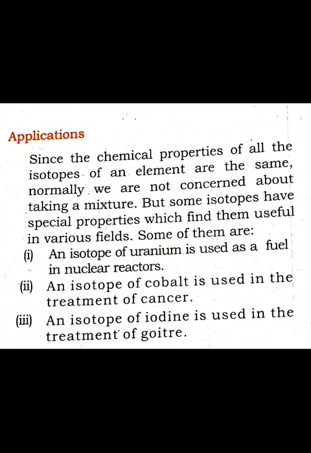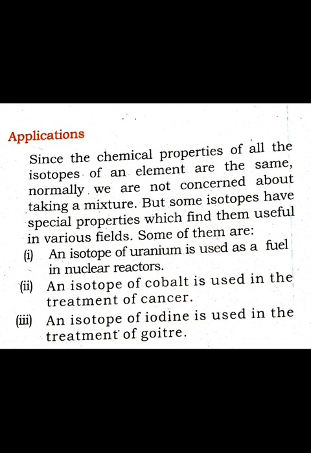Since the chemical properties of all the isotopes of an element are the same, normally we are not concerned about taking a mixture. But some isotopes have special properties which find them useful in various fields.